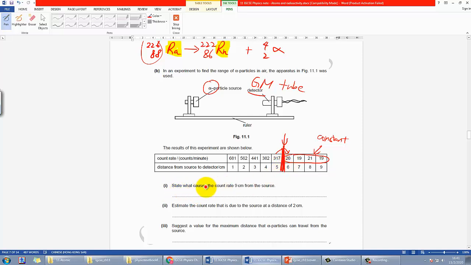So part A is asking you what causes the count rate 9 cm from the source. So that means all these count rates here, and that is something to do with the background. Okay, background radiation.